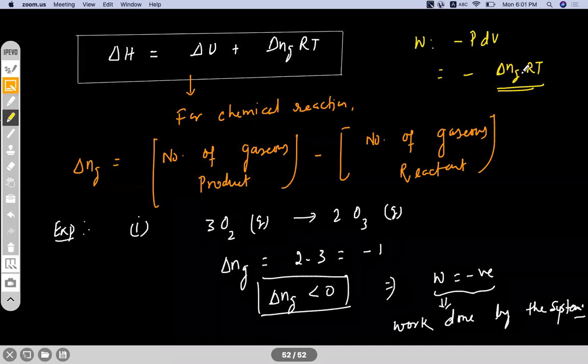Okay, one mistake I made. Delta Ng is negative, no? So negative, negative becomes positive. So work done is positive. Work done is positive means work done on the system. One correction. Delta Ng negative, so negative, negative, positive. So work done on the system.